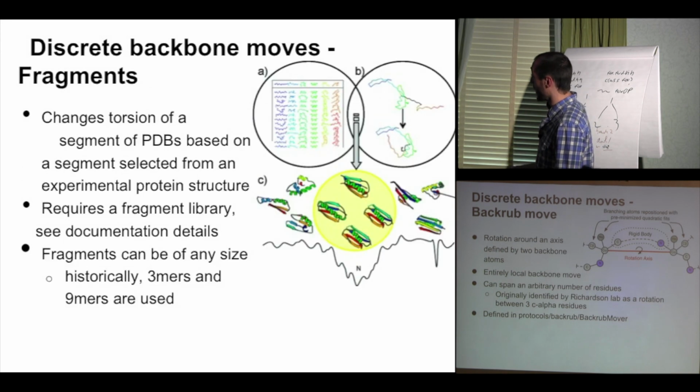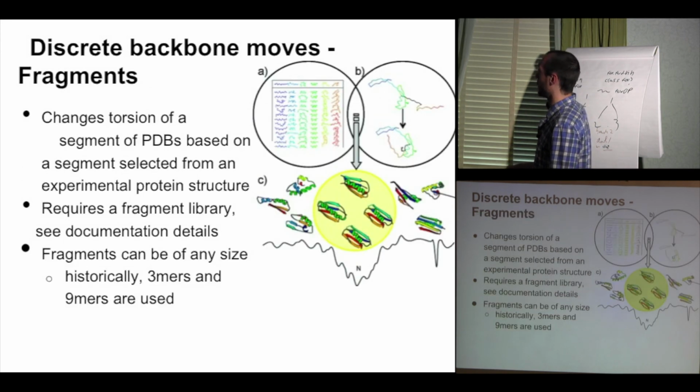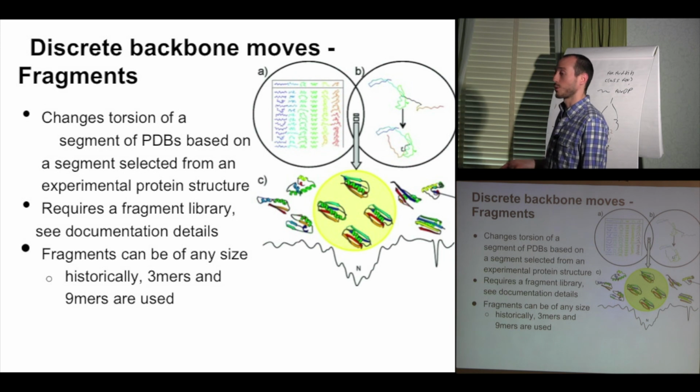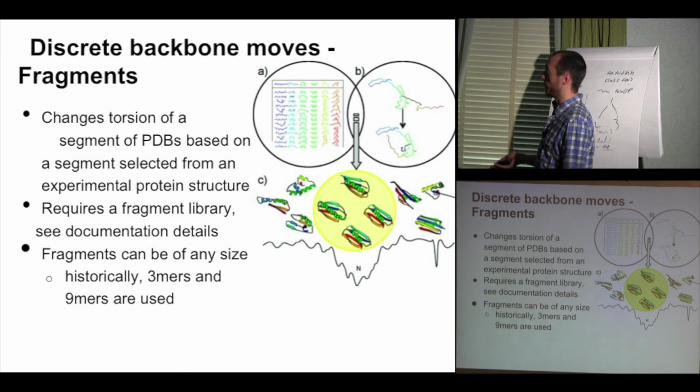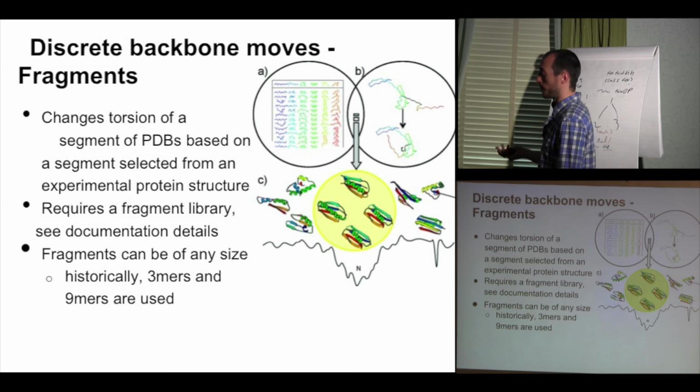And then the last thing I'm going to talk about is fragment insertion. If you're familiar with Rosetta at all, you probably know that it does some fragment insertion. This is kind of how it got its name in the protein folding world. Fragment insertion is a pretty simple concept: you apply torsions to a given pose that are taken from some fragment of naturally occurring protein structure.